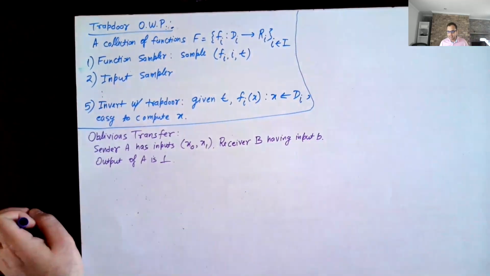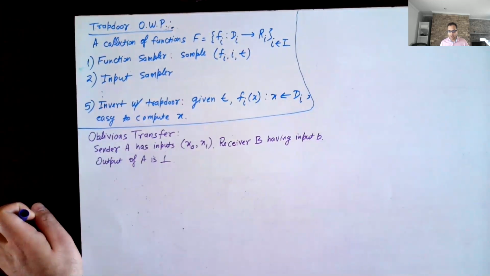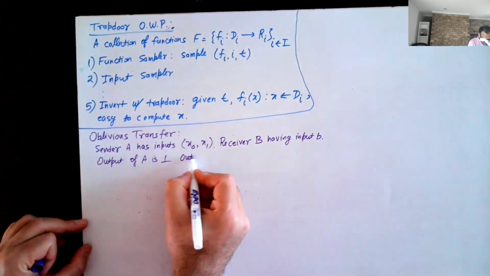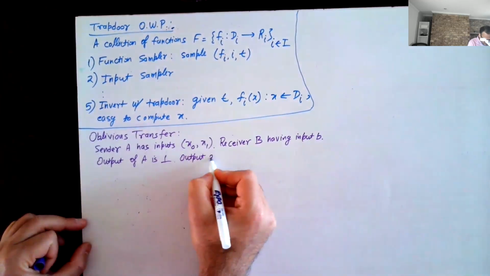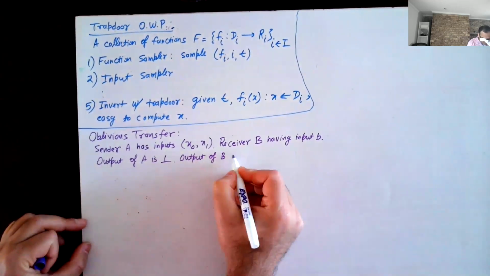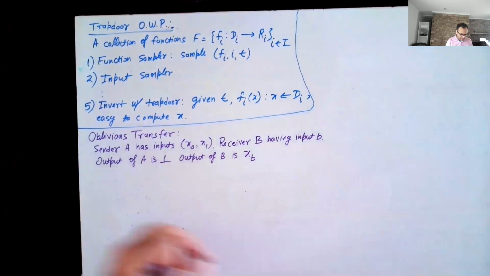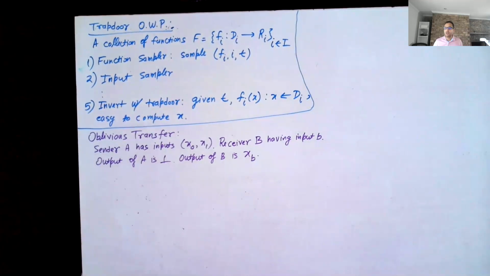A doesn't learn anything from this protocol. The output of A is bot. Output of B is x_b. So what is going on? I am the sender. I have two strings. You are allowed to pick and learn any one of them. You don't learn the other string, and I don't learn which string you chose.